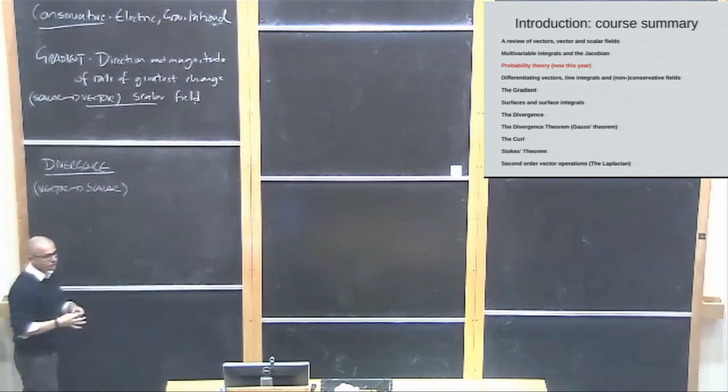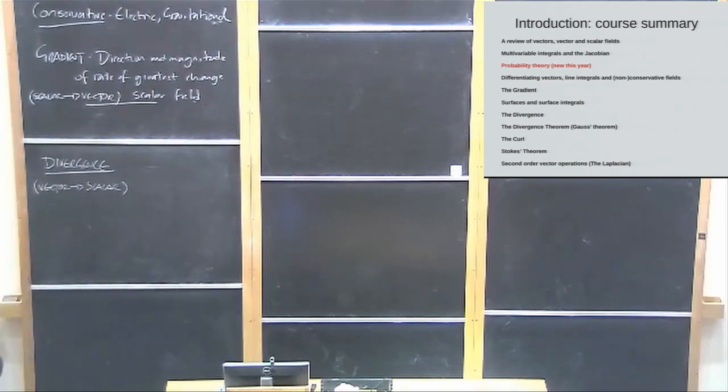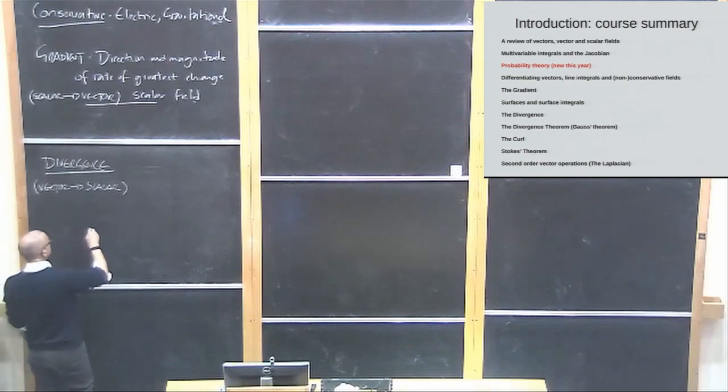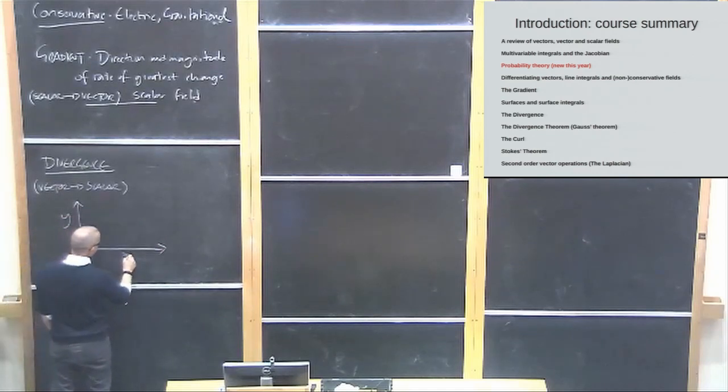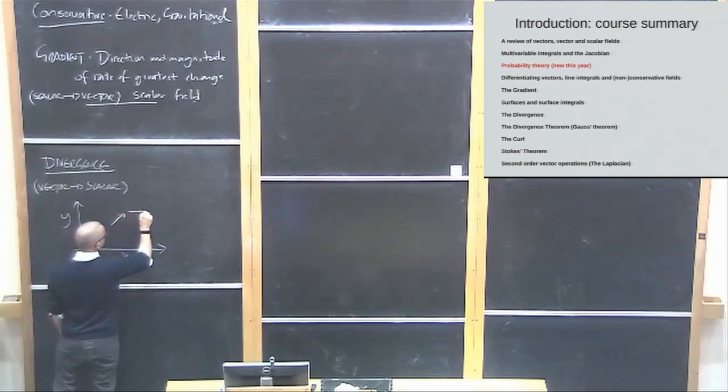And what the divergence does is it tells you how much your vector field is flowing in or out of a given point or given region in your vector field. As we'll return to later on in this course, and I'll show you a brief example later in this lecture, a two-dimensional vector field may look something like this.